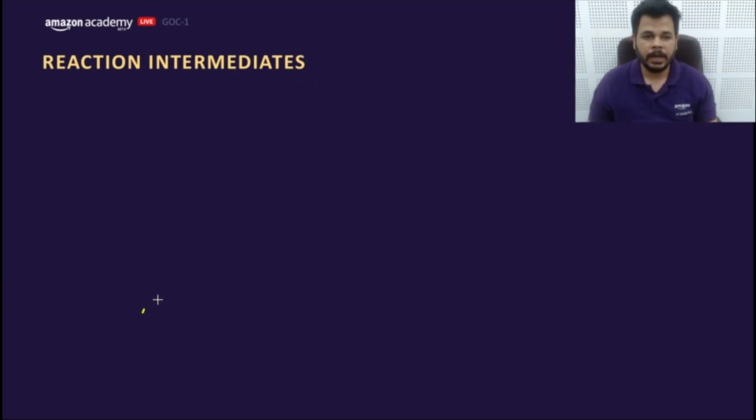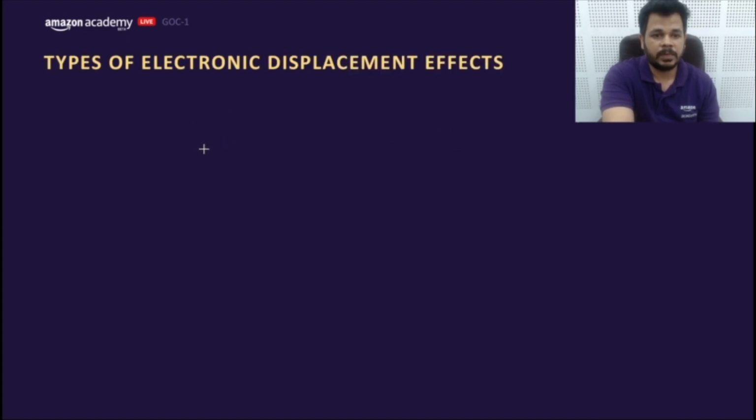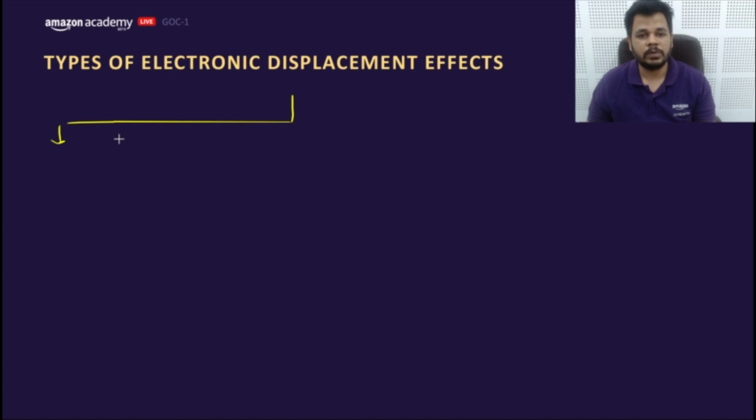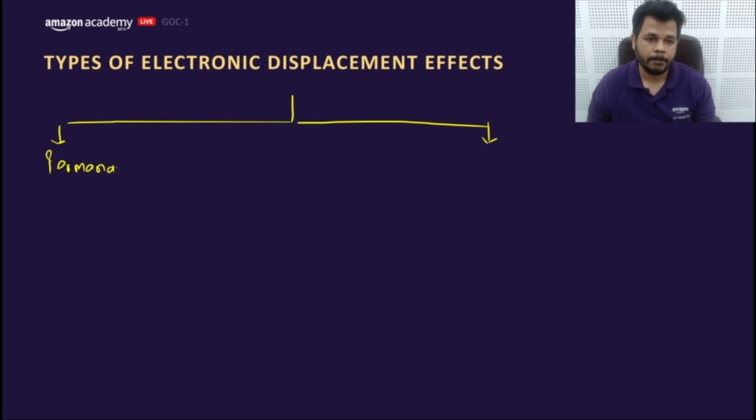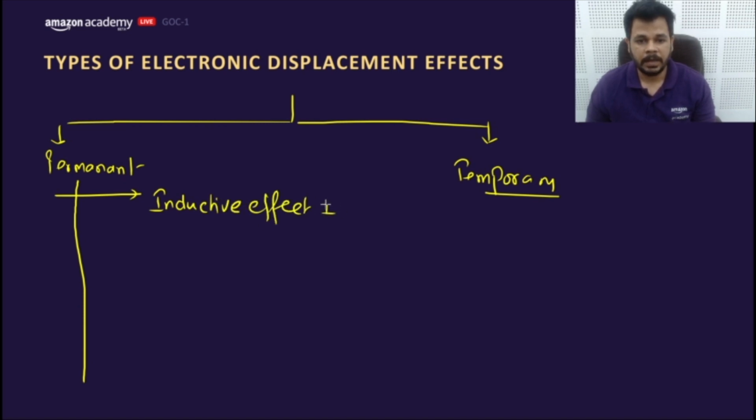Let's continue. Now we are going to study what electron donating effects and electron withdrawing effects are. So now we are going to study electron displacement effects. There are two types of electron displacement. One is permanent electron displacement and the other one is temporary. We are not going to study the temporary one. We are going to study only the permanent one here. Permanent first is the inductive effect. The inductive effect is called what? I effect.